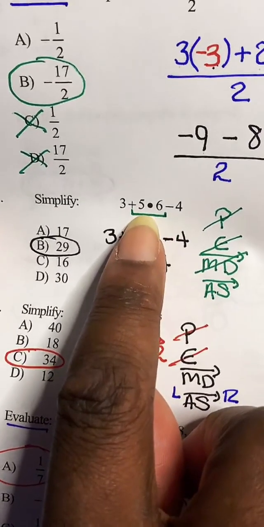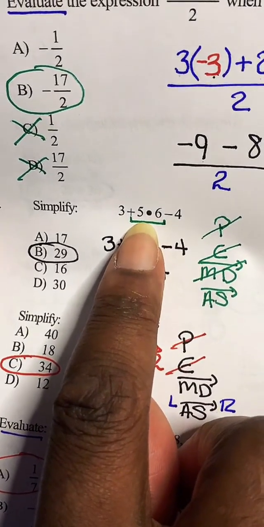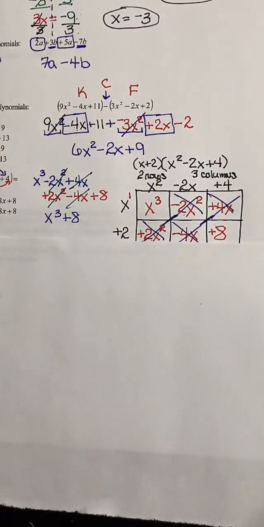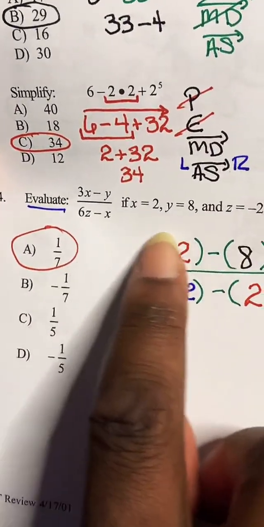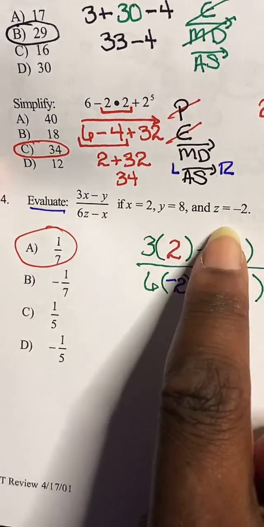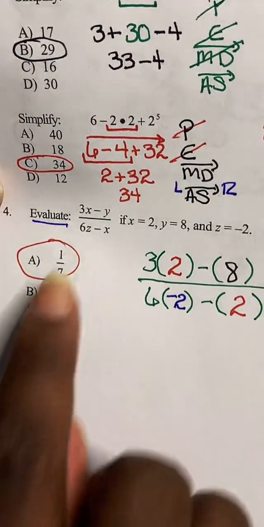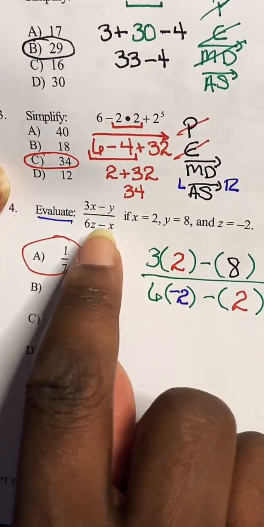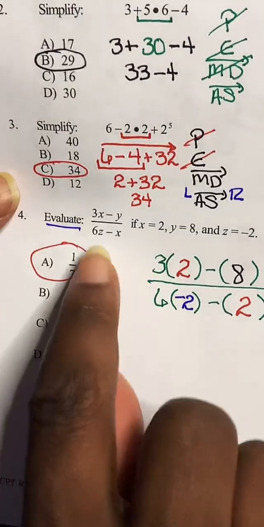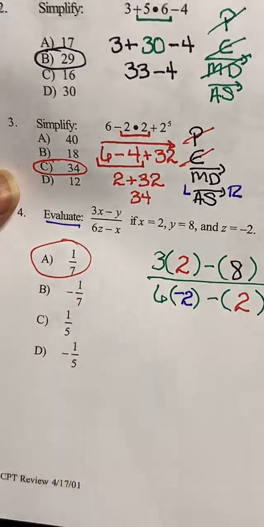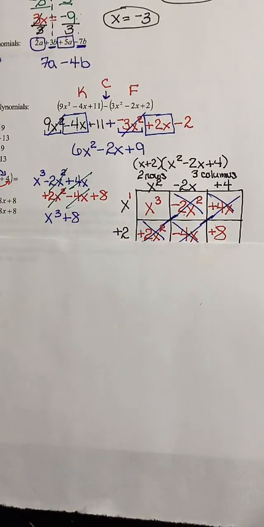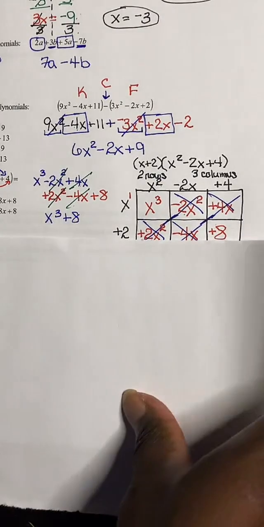Okay? So you'll have a 1-point question. Like order of operations, that would be considered a 1-point question. Anything doing a little bit of evaluation might be a 1 or 2-point question, depending on if they had some exponents in there, that'll be a 2-point question.